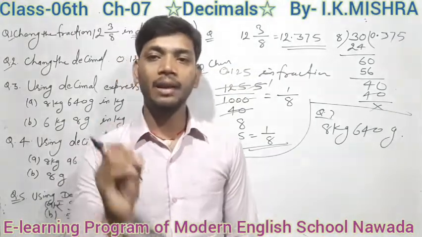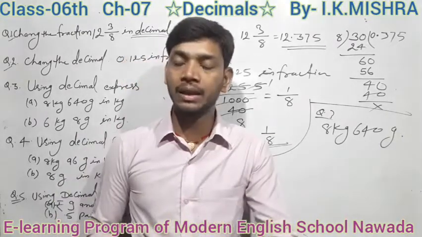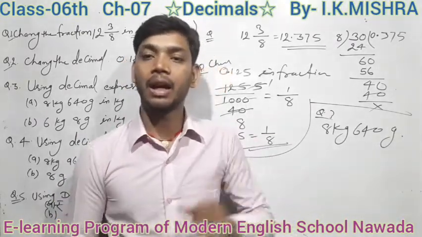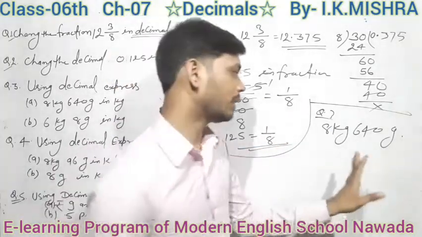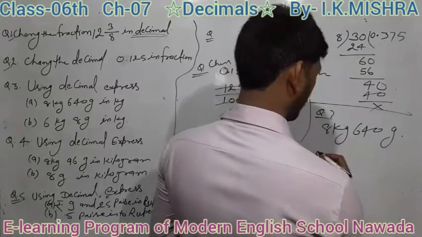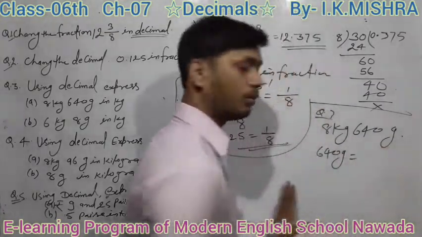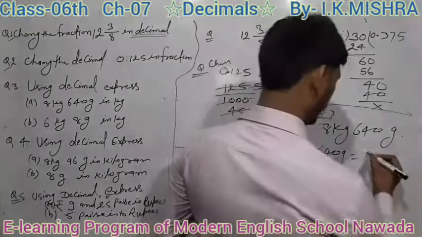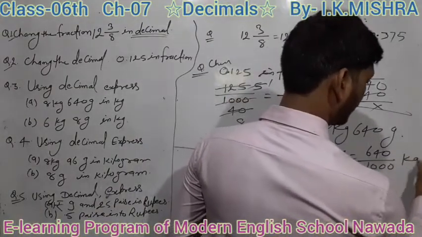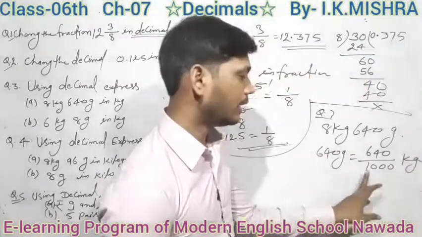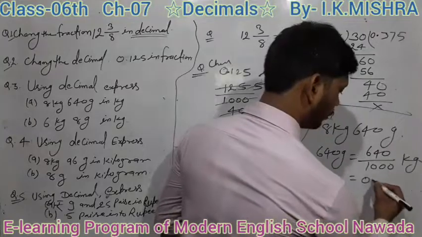In 1 kg there are 1000 grams, and when you have to change grams into kg, divide the grams by 1000. So students, first of all change 640 gram into kg: 640 divided by 1000 kg, and it will be written easily in decimal form as 0.640 kg.